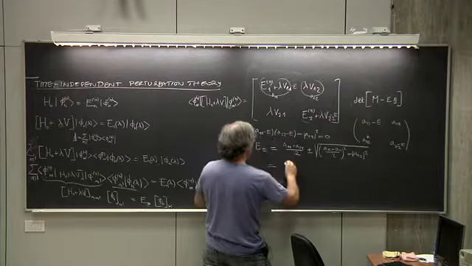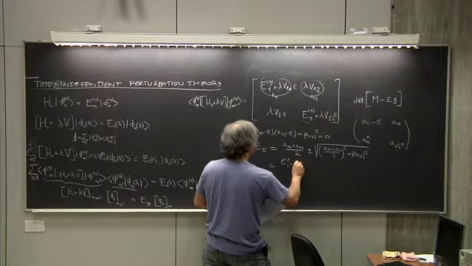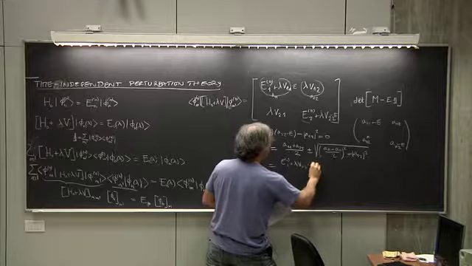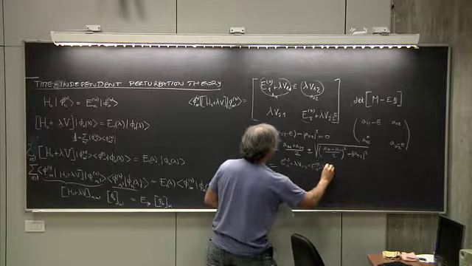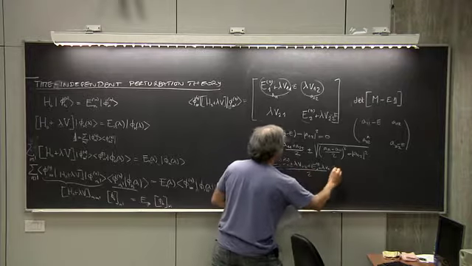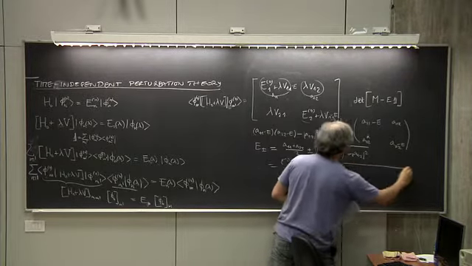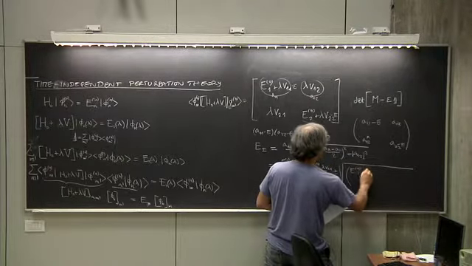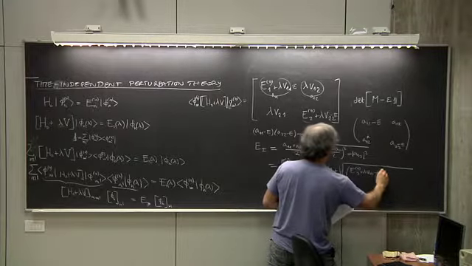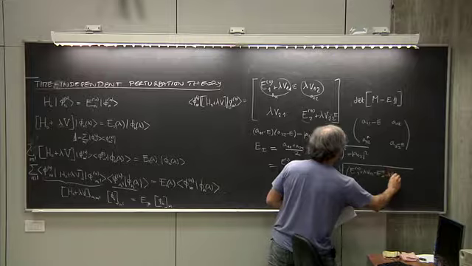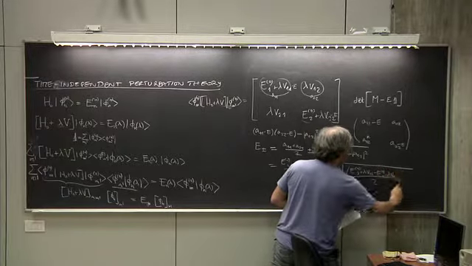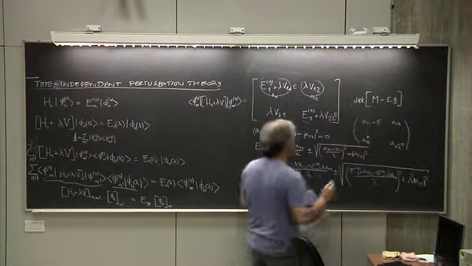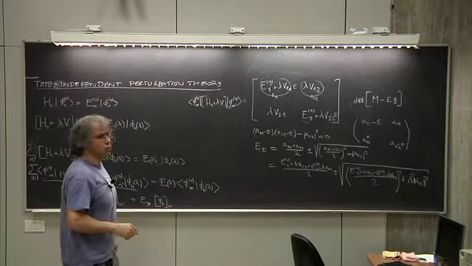You have E02 plus lambda V22 plus E01 plus lambda V11 divided by 2 plus or minus the square root of the difference now between these two things. So E02 plus lambda V22 minus E01 minus lambda V11 divided by 2 square plus lambda square V12 modulo square. Okay?